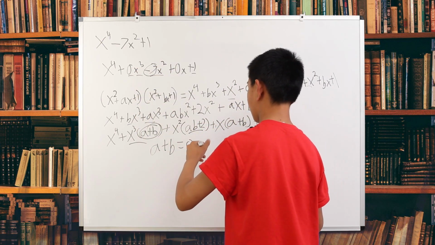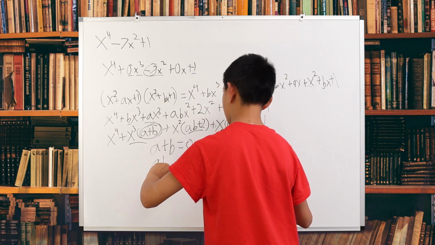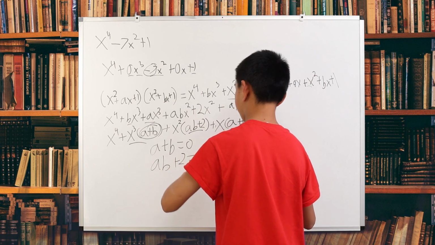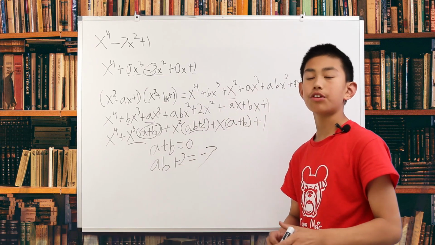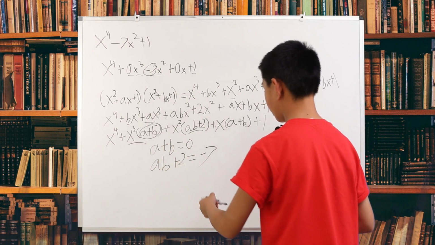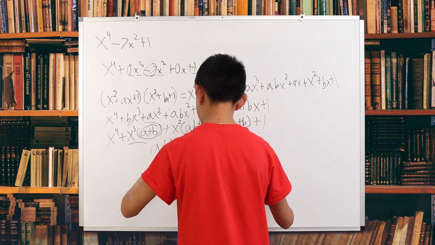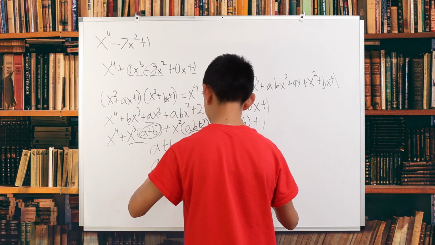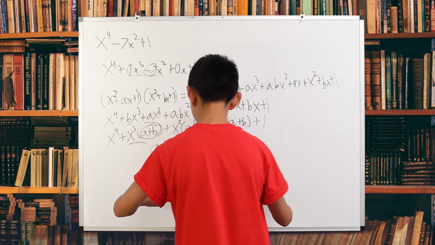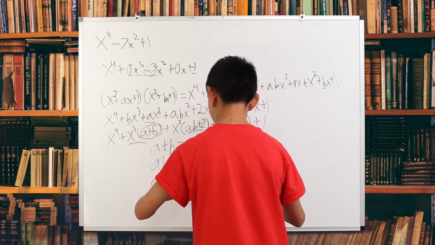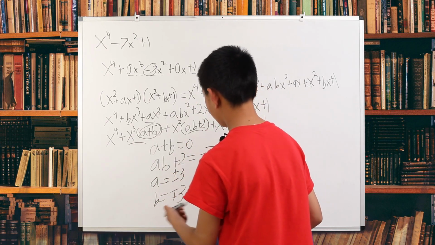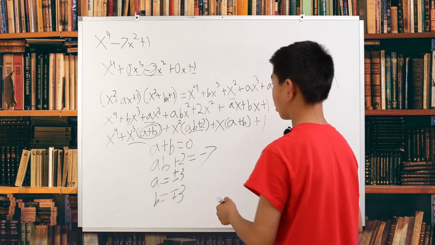So that means that ab plus 2 is equal to negative 7. Now these calculations are very simple, and when you calculate for what a is and what b is, you should get a is equal to plus or minus 3, and b is equal to minus or plus 3. These have to be alternating because the sum has to be 0.